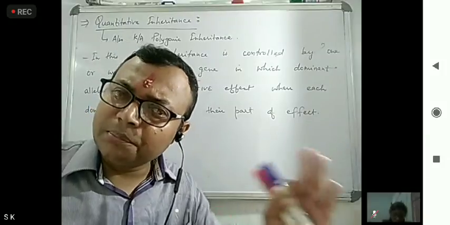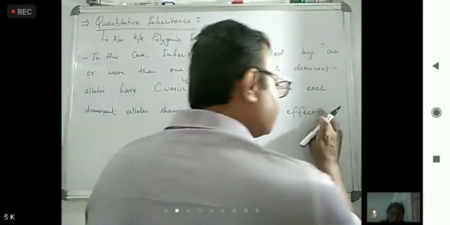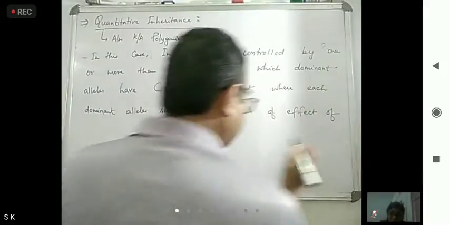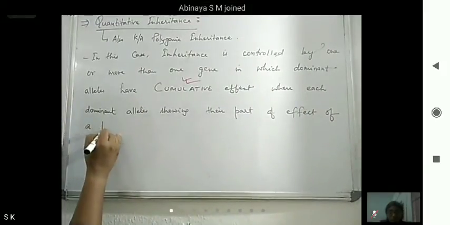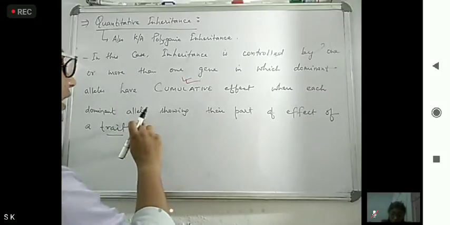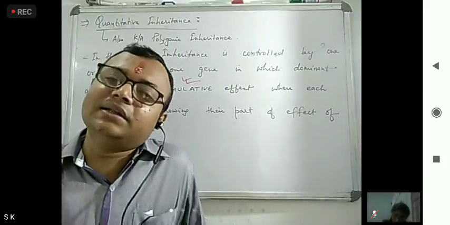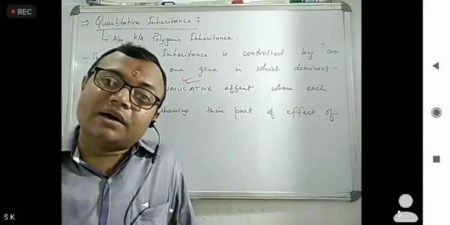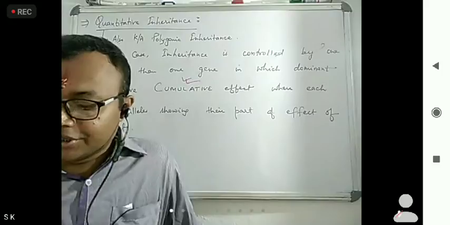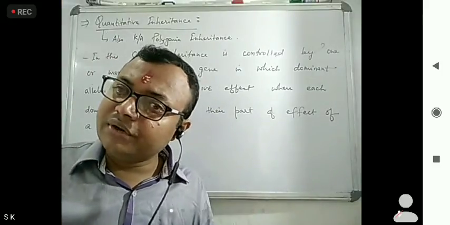Okay, what is the complete trait? So each dominant allele shows its part of the effect of a trait. One part is there, another part is there, and combined they form the complete trait that is displayed. Okay, so when will the full trait be shown?